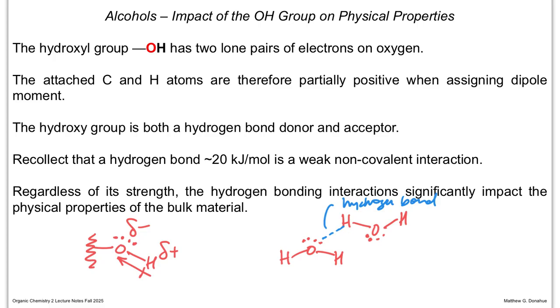And hydrogen bond falls under the general class called non-covalent interactions, so NCI. That's probably the one you're most familiar with. Non-covalent interactions is hydrogen bonding.